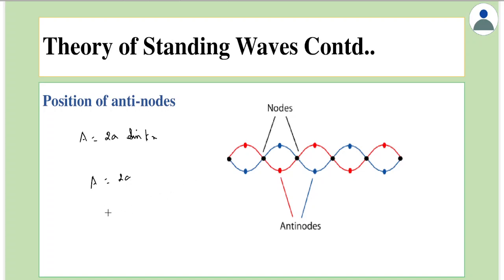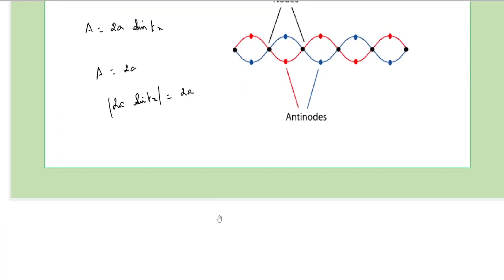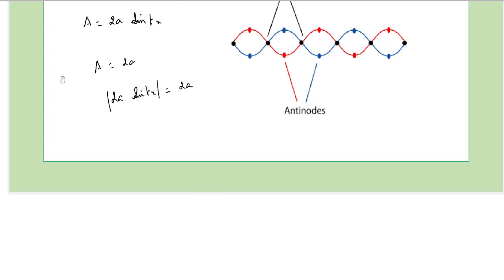This means that 2a into the mod of sine of kx is equal to 2a. That is, here the amplitude is maximum. Now we can find those points.